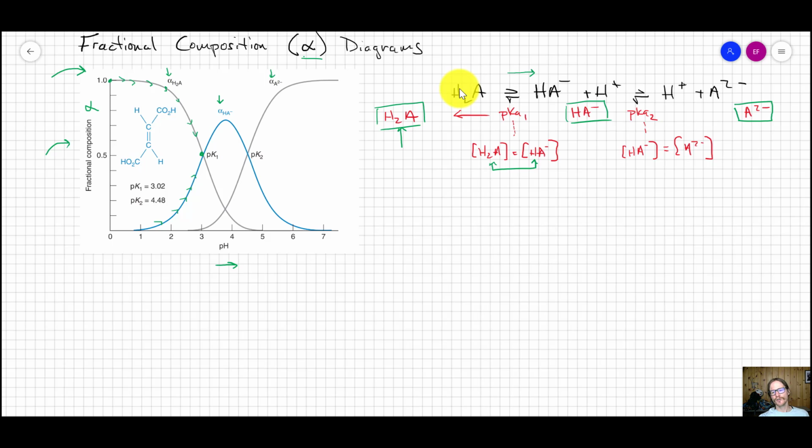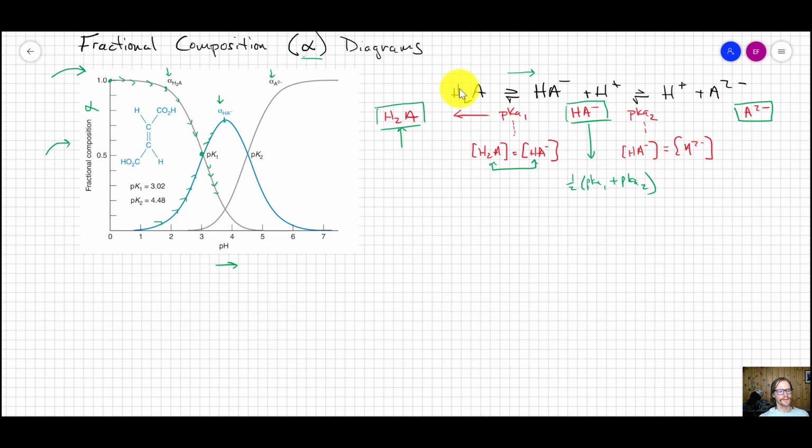As we continue past that point, H2A becomes a minor species in solution, meaning it's no longer dominant, and HA is dominant, and HA is at its maximum at roughly half of pKa1 plus pKa2.